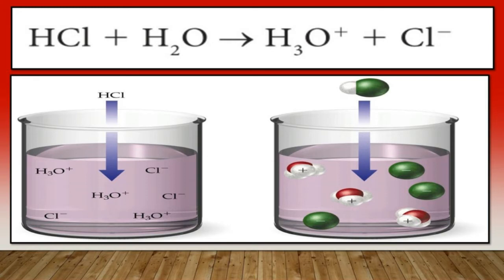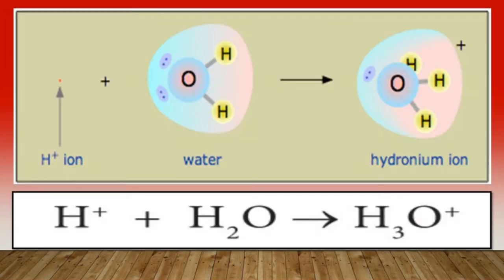HCl plus H2O gives H3O+ ions plus Cl- ions. Hydrogen ions cannot exist alone, so they are always in a combined state with water molecules.